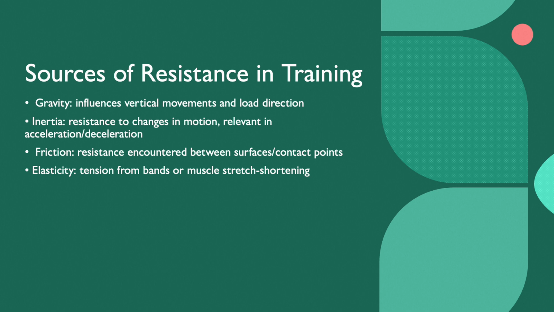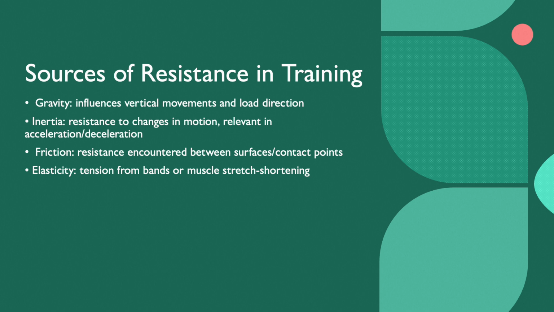Friction shows up in activities such as sled pushes or dragging anything across the floor, which we have to also take into account when we're talking about resistance. Elasticity is common in resistance bands, or the stretching and shortening cycles in muscles.